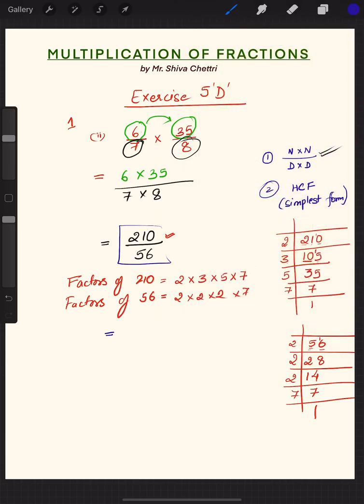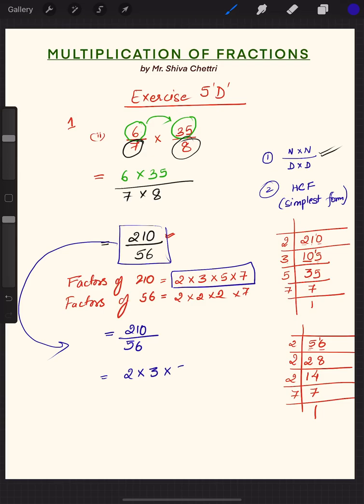So 210 upon 56 can also be written as: 210 can be written as 2 multiplied by 3 multiplied by 5 multiplied by 7, divided by 56, which can be written as 2 multiplied by 2 multiplied by 2 multiplied by 7.